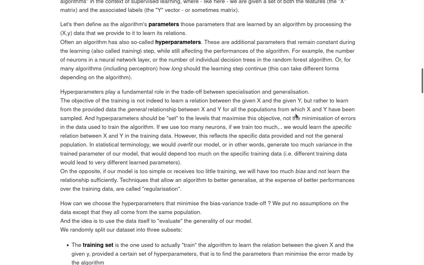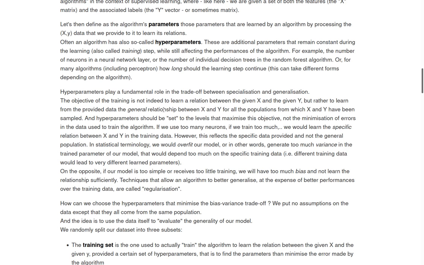Indeed, the objective of training is not to learn the relation between the x and the y that we provide to the algorithm. It is to learn the general relationship that exists in the nature of the data between x and y for all the population from which x and y are sampled, and not the one that we provide specifically to the algorithm.